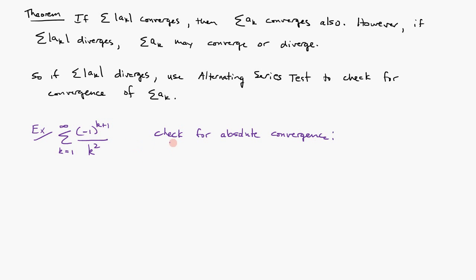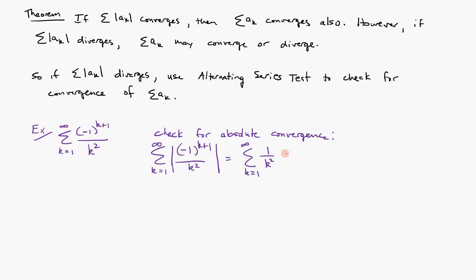If I take the absolute value of the terms, then the alternating part goes away, and the series just becomes sum of 1 over k squared.